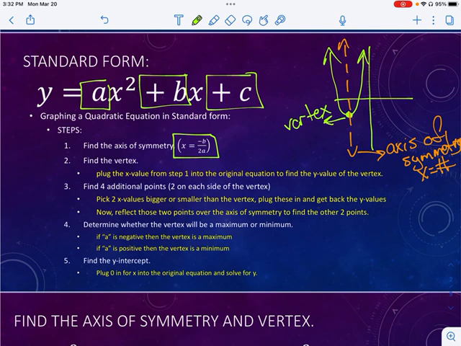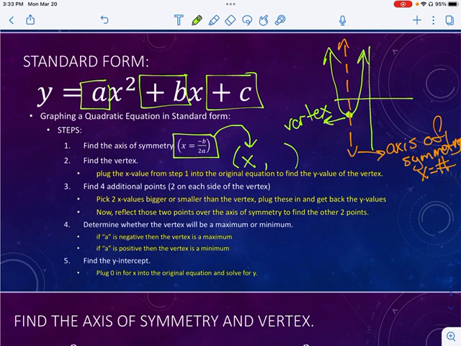The next thing you're going to do is find the vertex. Now notice the vertex is on the axis of symmetry. So when we go to do the vertex, this answer that you get is the x value of the vertex.